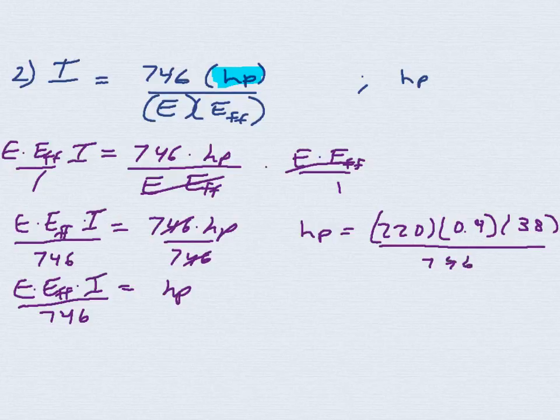So get your calculator going, plug it in, do the math, and see what you get. You would get approximately a 10 horsepower motor. 10.09 is your horsepower.